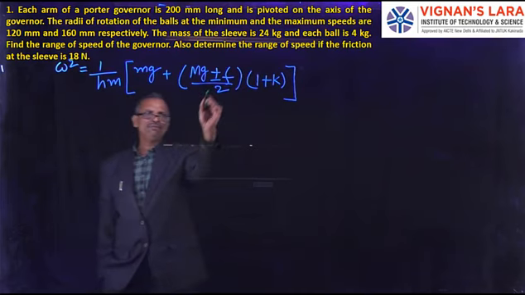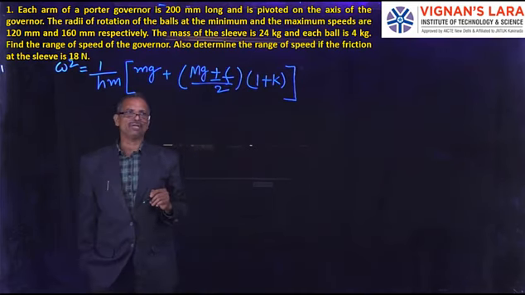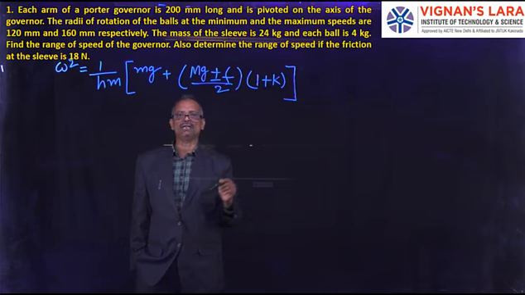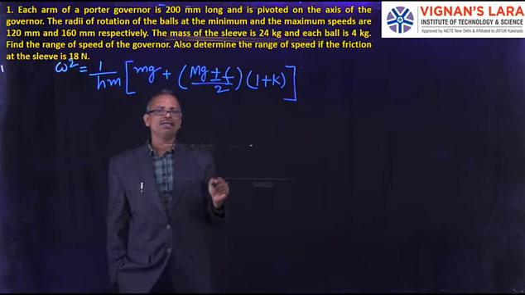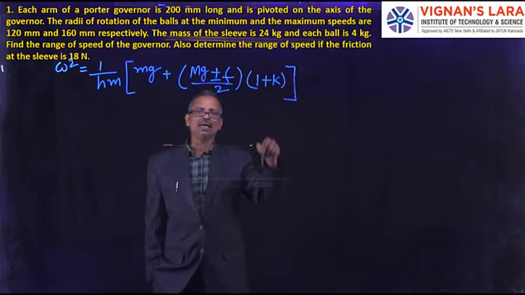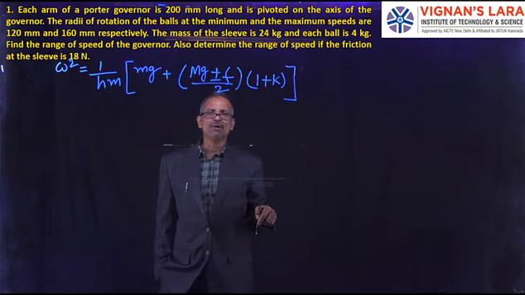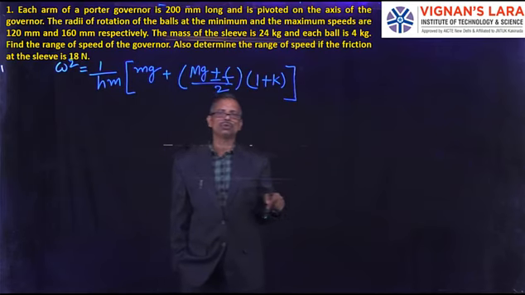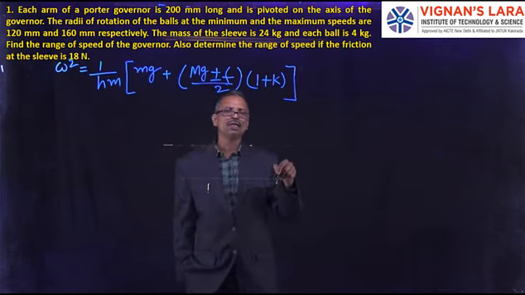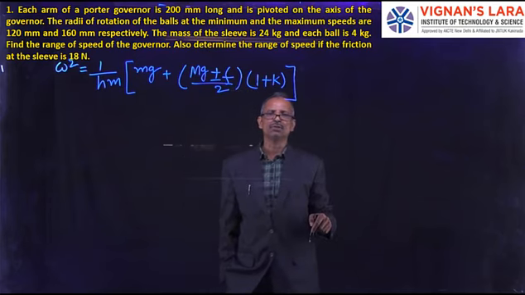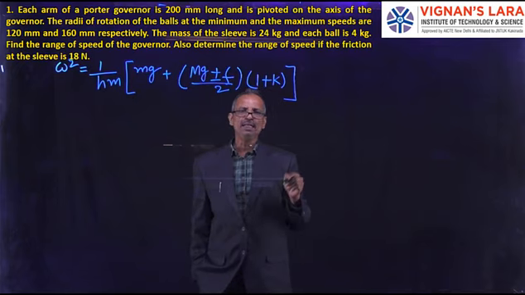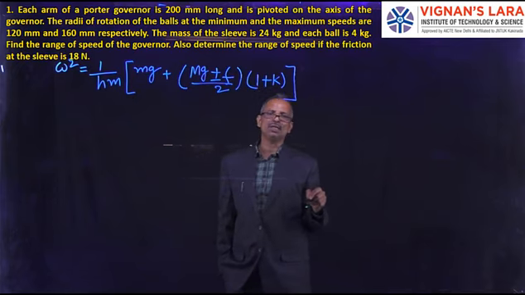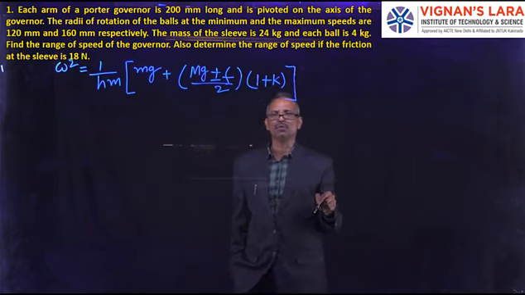So when we take plus value of f or when we take minus value of f. See, we are taking the self weight downwards as positive. So friction downwards we say positive, friction upwards we say negative. So when will the friction be taken as positive, and when as negative?